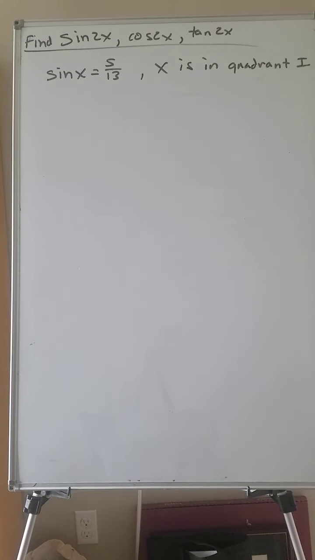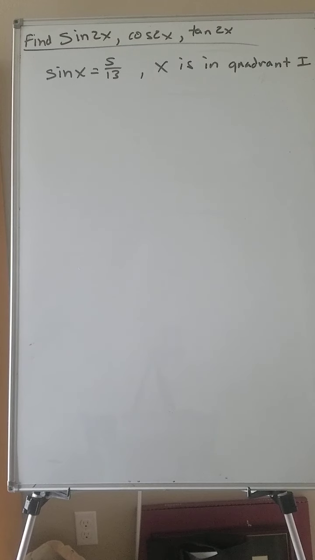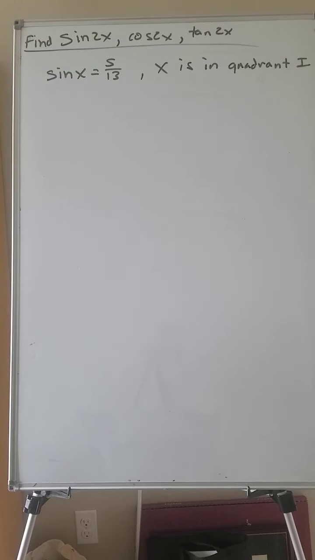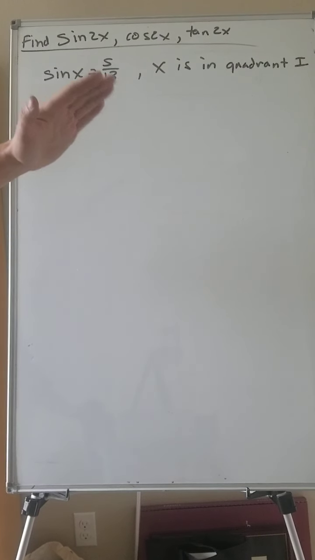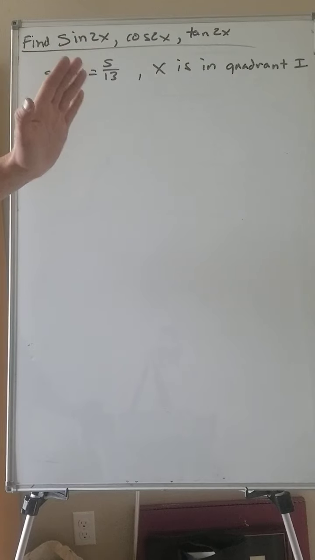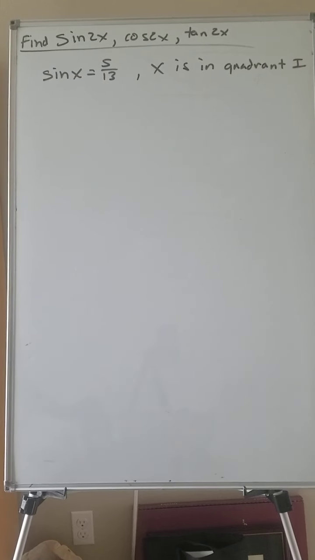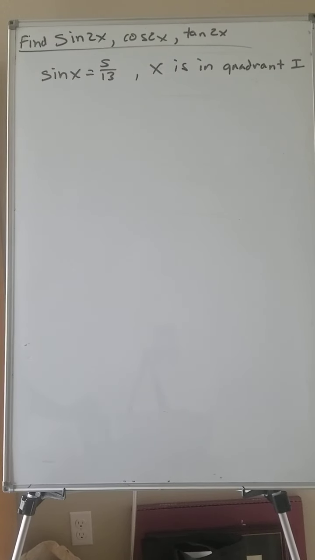And so in a case like this, I'm just going to use the information they gave me. This is not a unit circle value. 5 over 13 is not a value we memorize on the unit circle, right? Our unit circle values are like 0, or 1/2, or 1 over the square root of 2, or the square root of 3 over 2, or 1, or their negatives.